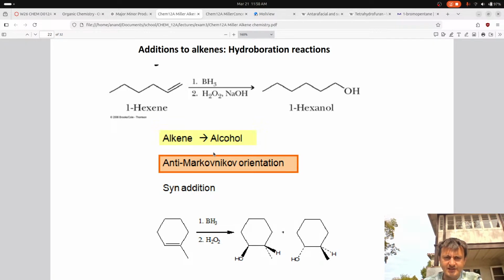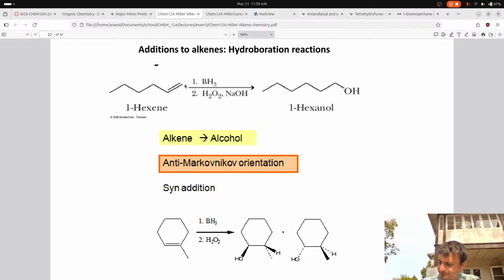Okay, so let's start to get this down though. I think it's a matter of memorizing this. Two, three, four, five, six. Okay, one, this is 1-hexene. And here are the reagents.